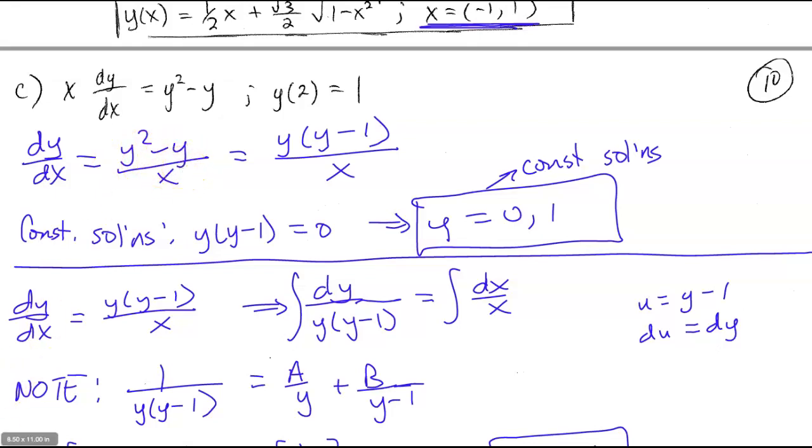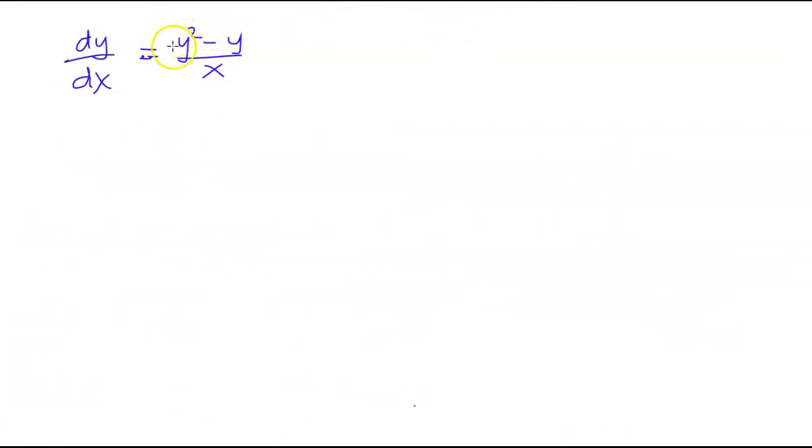Okay. Now, if we consider what we're talking about here, if we consider this numerator, and our assumption here is that y is some function of x. So in figuring out what y could be in this situation, we're also going to inherently figure out what x is.